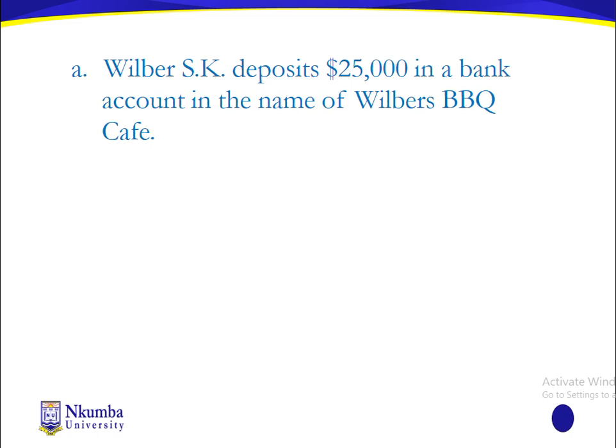These are $25,000 on a bank account. So they are dollars. So we ask, what is that? What does that imply in terms of assets and equity and liability? Can I say that the $25,000 are going? Yes, they are being deposited on the bank account. So that money has gone on the bank account, which bank account is registered in the names of Wilber's Barbecue Cafe.